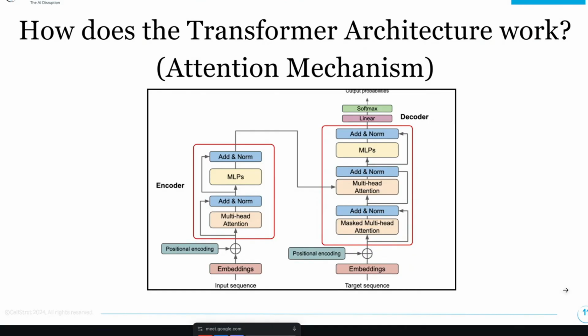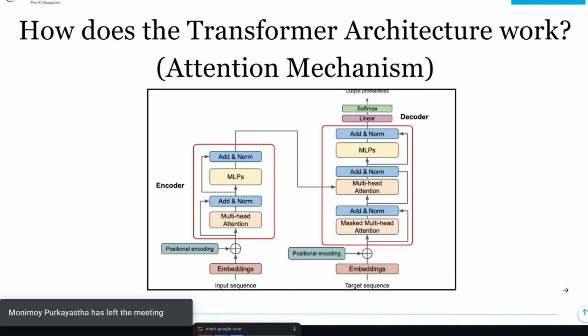As you can see in this model, the transformer components include the encoder, decoder, and the multi-head attention mechanism, the addition and normalization factor, and the MLP, which is multi-layer perceptron, which is part of the encoder architecture. And the decoder contains the addition and normalization along with the MLPs in succession with multi-head attention.